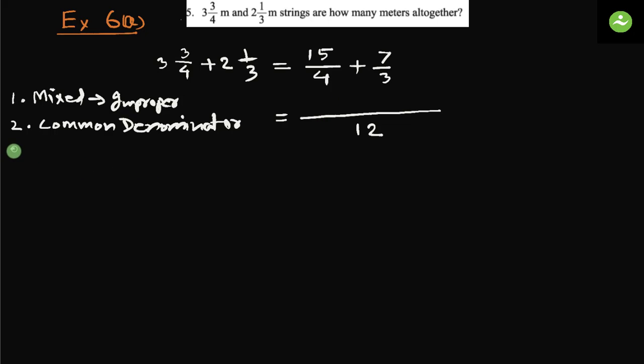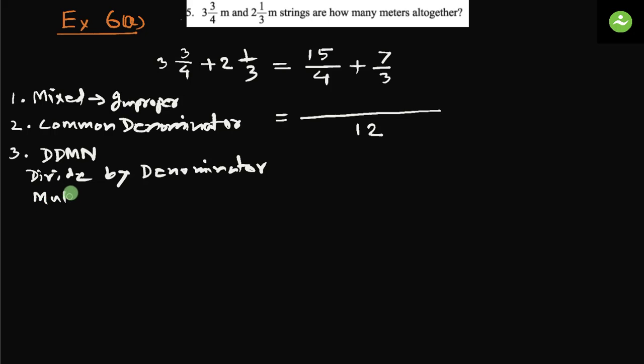Next, we know DDMN. What is that? Divide by denominator, multiply by numerator.